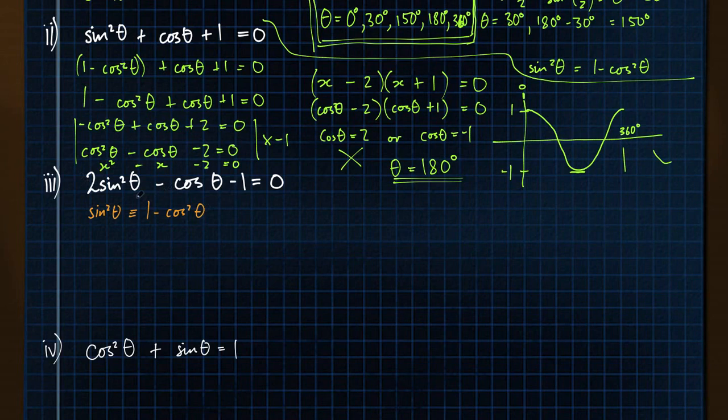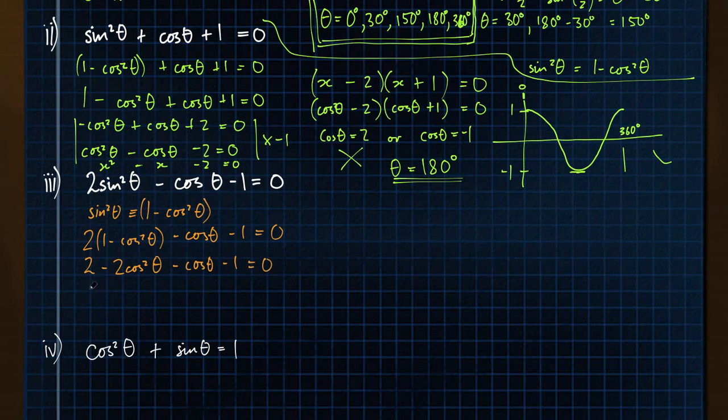So I can rewrite this using 1 minus cos squared theta in place of sine squared theta. 2, 1 minus cos squared theta, minus cos theta, minus 1 equals 0. That gives me 2 minus 2 cos squared theta minus cos theta minus 1 equals 0.